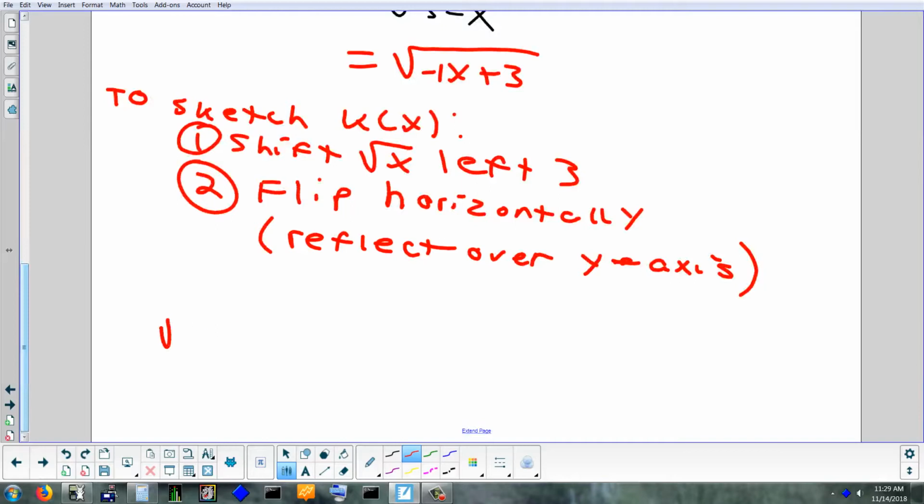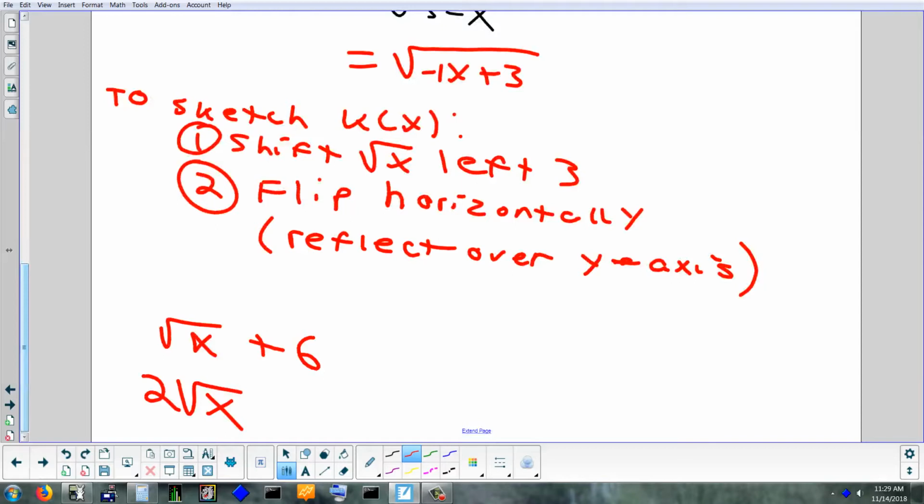I'm not going to go through the whole thing, but what would happen there without writing it all out? That would be a shift up 6. How about if I did something like this? 2 square root of x.